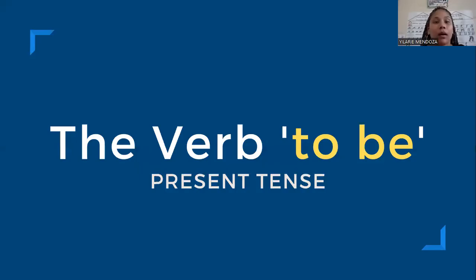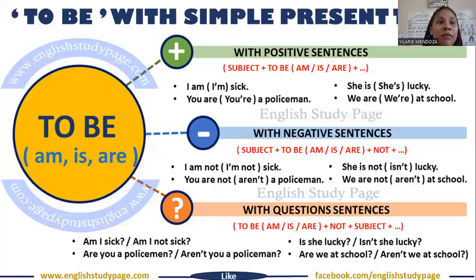And the next topic is the verb to be in present tense. The verb to be in simple present tense is am, is, and are.